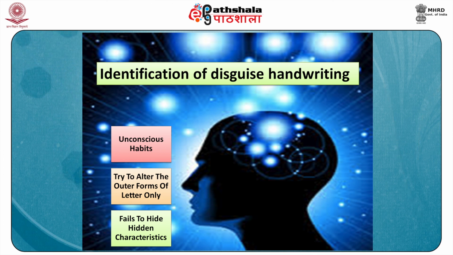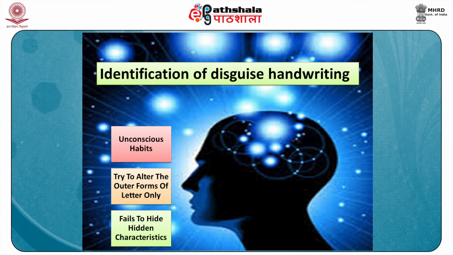Certainly, the writer fails to hide those hidden characteristics with which he is not familiar. The comparison of these silent features enables an examiner to trace the real person and makes the disguise a vain attempt.